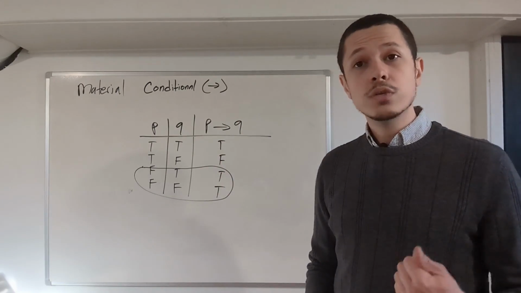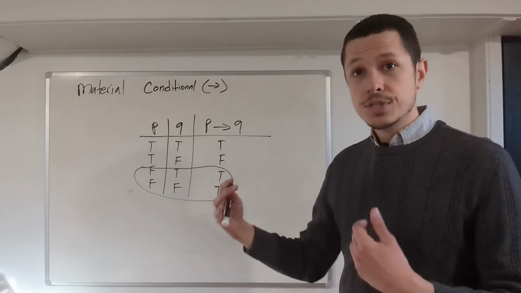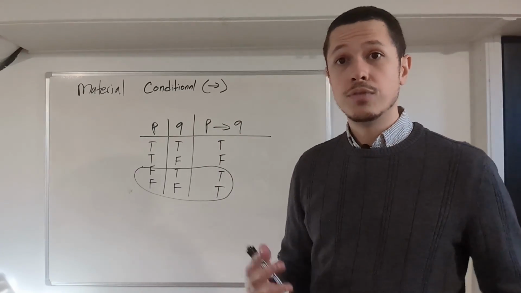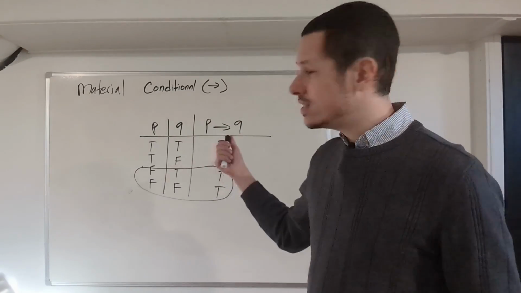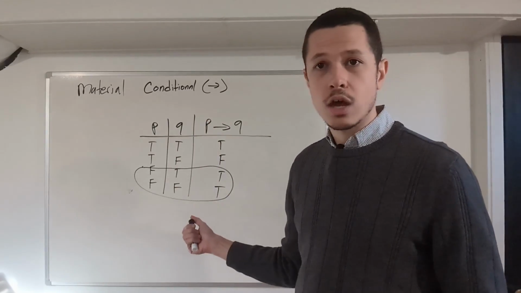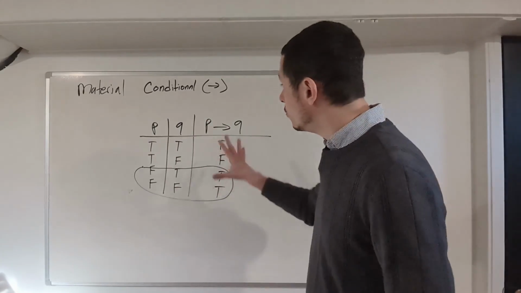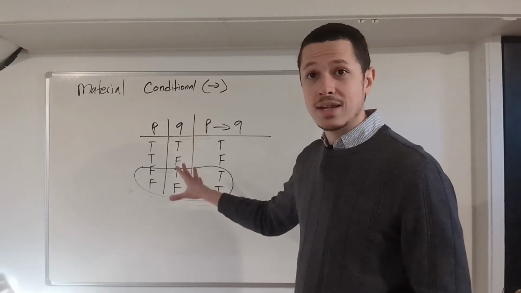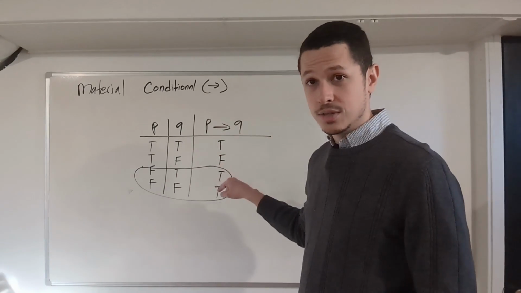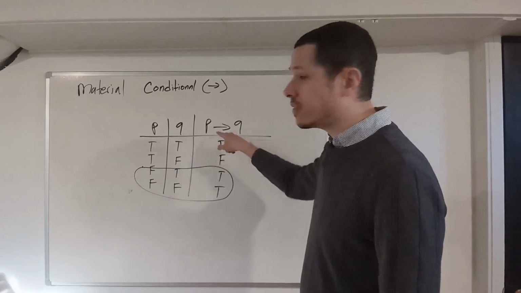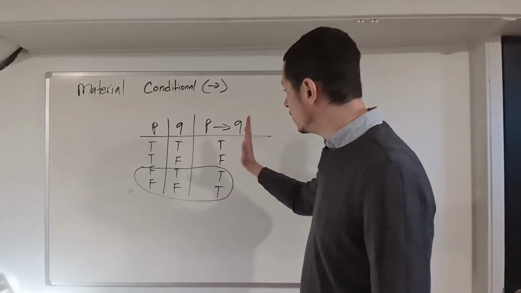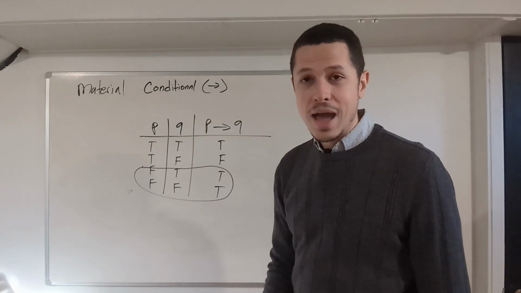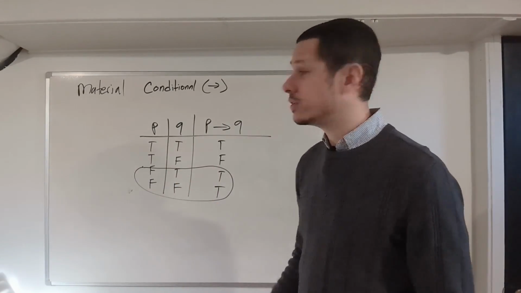In fact, one of the shortcomings of statement logic is that we don't have an adequate representation of the natural language conditional. The logical system is just not strong enough to give us that. So do not treat this as a natural language if-then. That is not what this thing is. In fact, just pretend that this arrow means nothing at all and that these are the truth values that are assigned to it. Trust me, that will allow you to pass your classes without worrying too much about the semantic content of this.